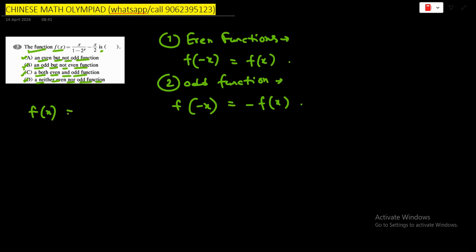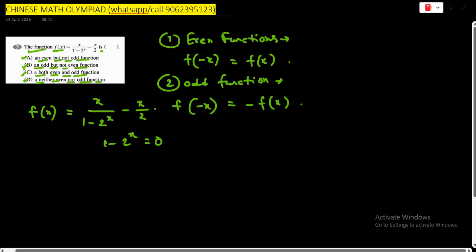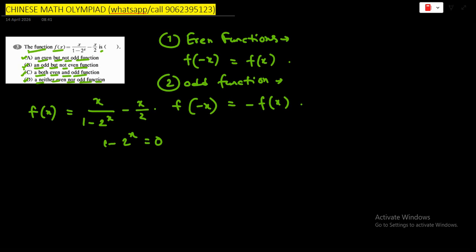f(x) equal to x by 1 minus 2 to the power x, minus x by 2, right? So first, a quick safety check, the domain check. Can x be anything? Look at the denominator. If 1 minus 2 to the power x is 0, the universe explodes. Or we just divide by 0, which is worse.